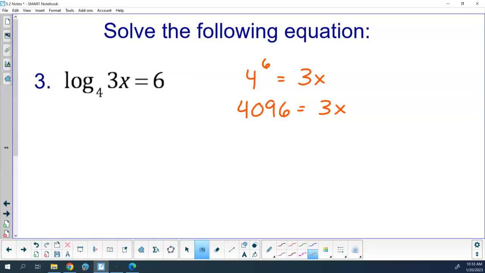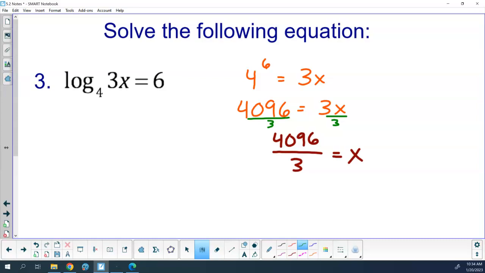So it's not divisible by 3. So let's make it easy on ourselves and leave it in fraction form. It is solved right there.